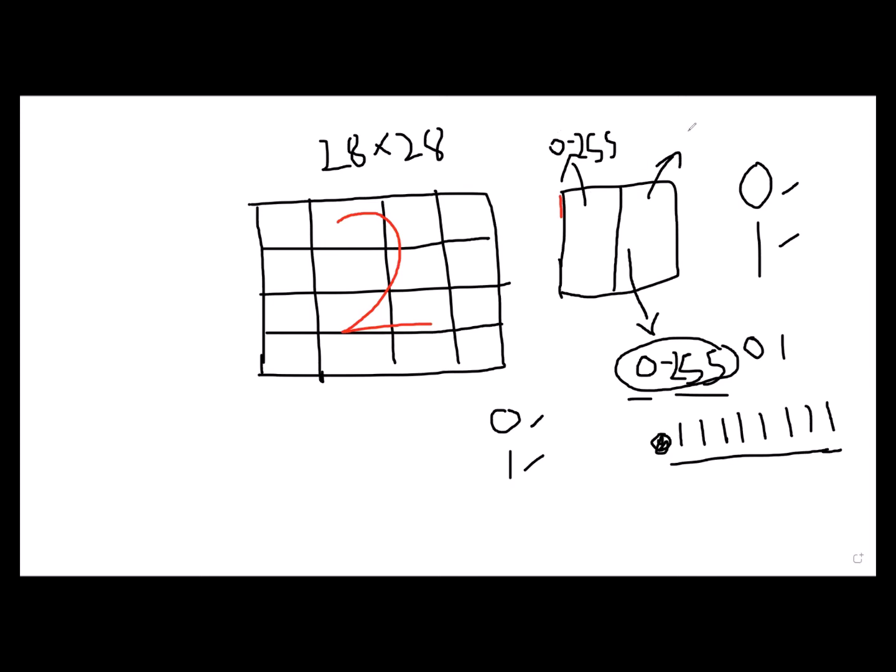Like that, if we take the 1 megapixel camera example, 10 to the power 6 pixels, it means 10 to the power 6 values ranging between 0 and 255. That is what the computer is actually storing.